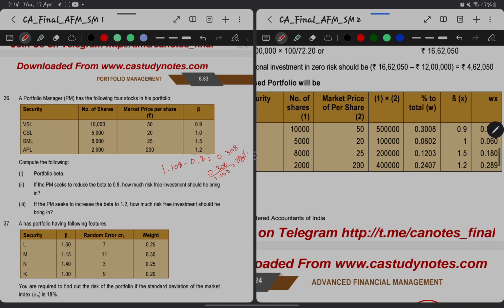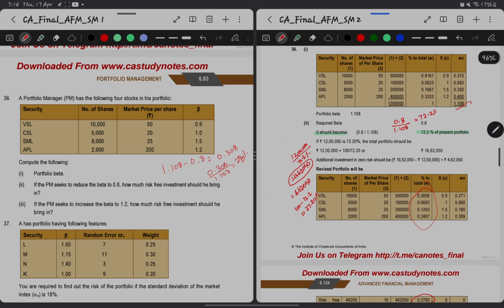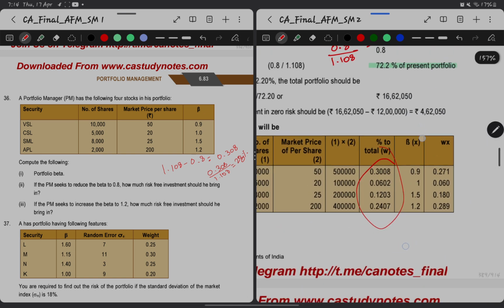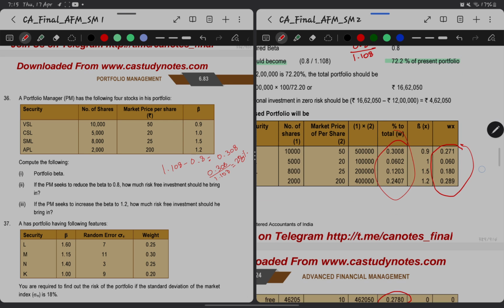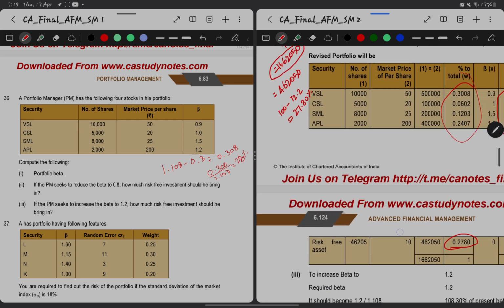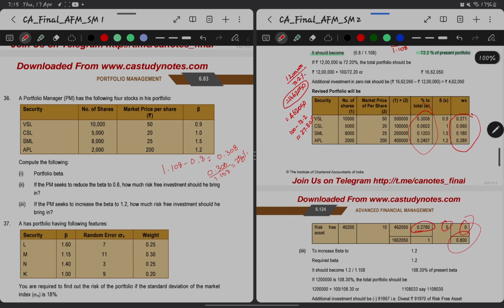So the rest portion will total up to 72.2 percent and will bring the beta to 0.8. Now if we just total up this beta, it will be exactly 0.8, and since the risk-free asset is risk-free, obviously there will not be any sensitivity, right? So the beta is 0, and then the total comes to 0.8.